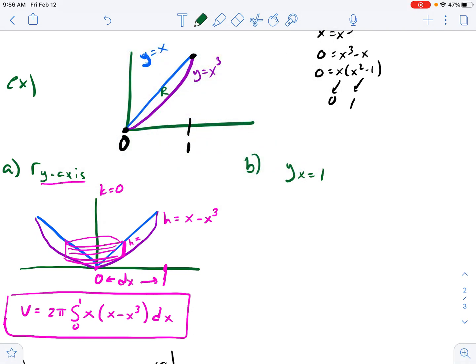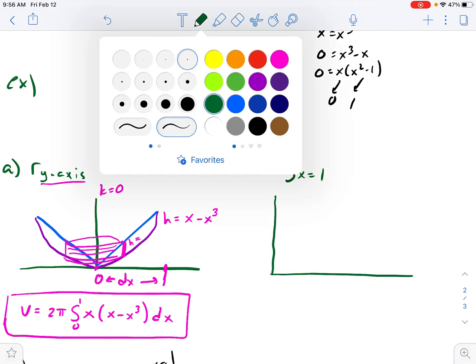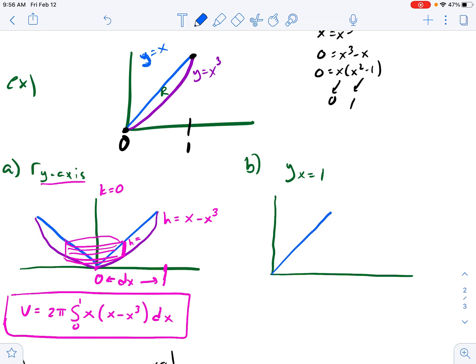Okay, now let's take a look at what happens if we move the line of rotation over to the right to x equals 1. And so this is right through here.